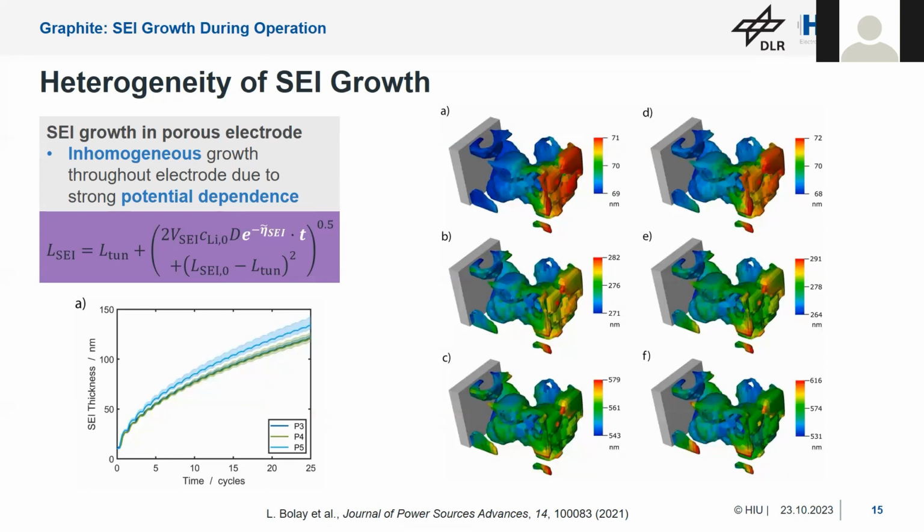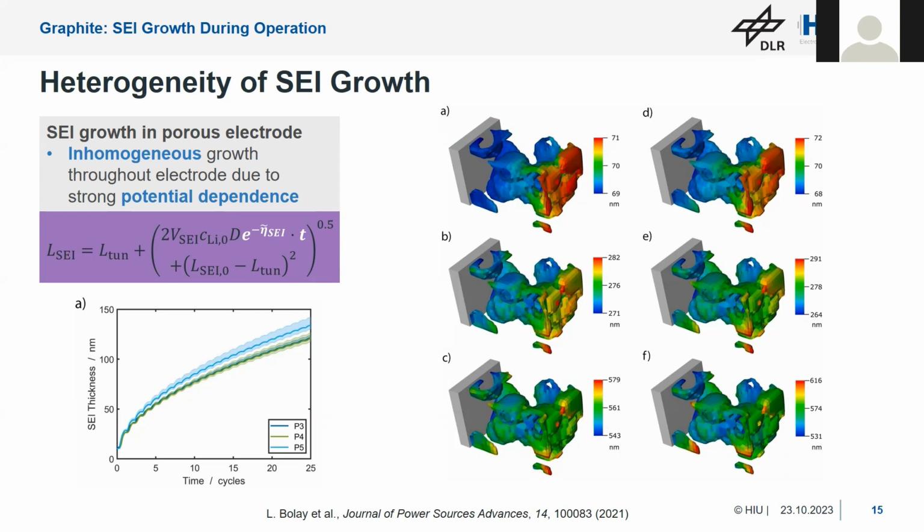Every difference in SEI thickness throughout the electrode gets homogenized by a square root of t. And only with this model that also incorporates this exponential dependence on electrode voltage, we could show that variations in the SEI growth among the electrode can come up.